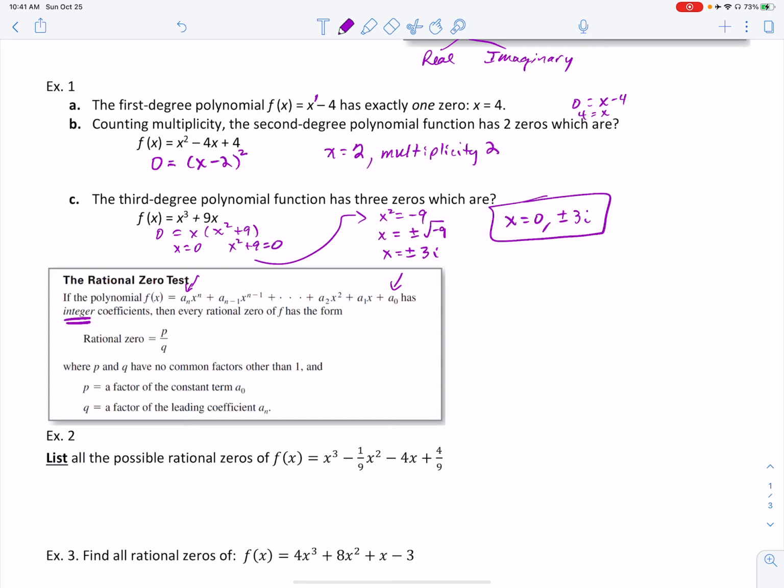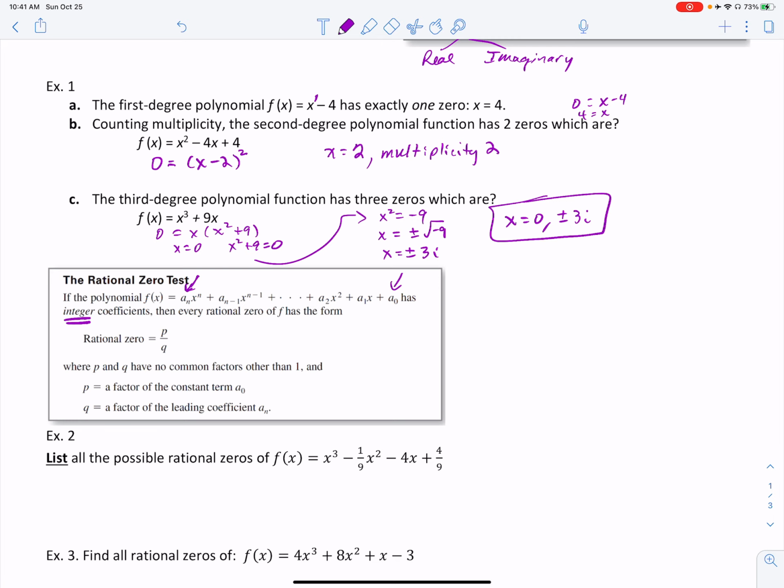So q is something that is a factor of that leading coefficient. And what this rational zero test or theorem does is allow me to figure out how to factor polynomials that are of a higher degree than 2. When they're higher than a degree of 2 and they don't factor nicely, like in example 1 part C, we can have problems trying to find the zeros. And so this rational zero test is going to help us out.